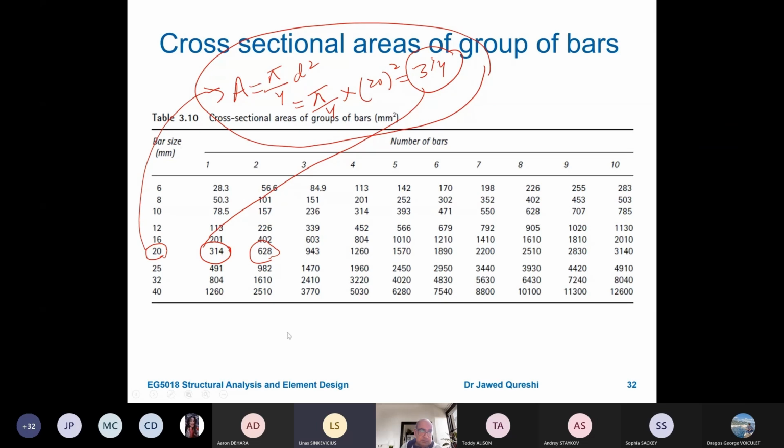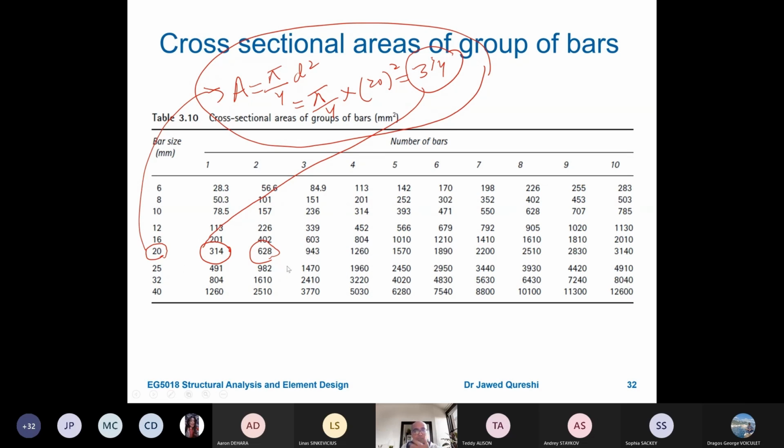Are these bars in tension? Yes, this is tension reinforcement. Is it a different table for compression bars? No, it's the same. It's a very good question, because steel is equally strong in tension and compression. This table is just giving us the area of the bars. It's not telling us tension or compression.